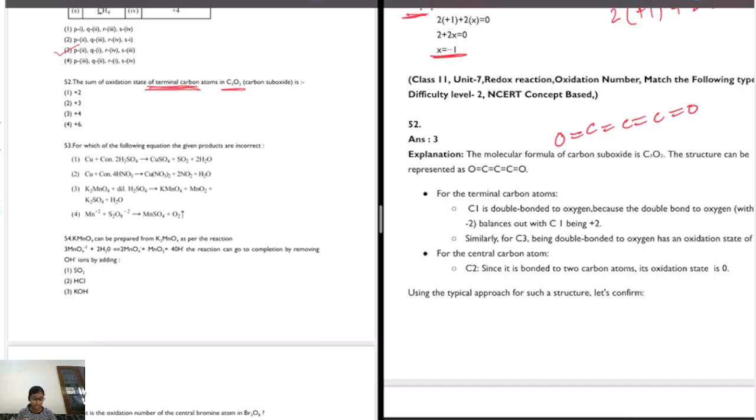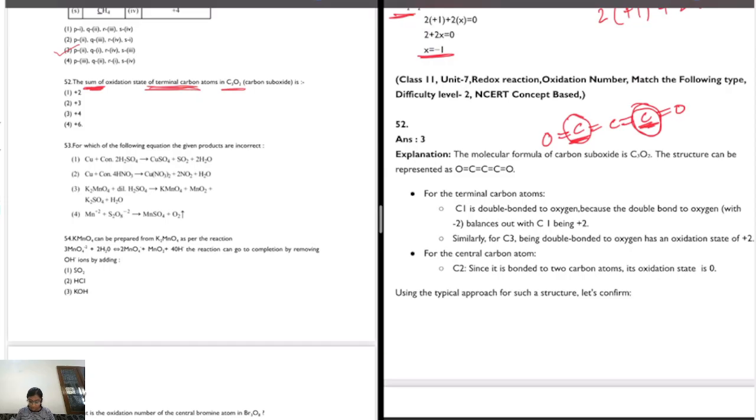The terminal atom is oxygen, but we need to find the oxidation state of the terminal carbon atoms, which are this and this. Therefore, the sum of this oxidation state and this. So let's see what the oxidation state is.